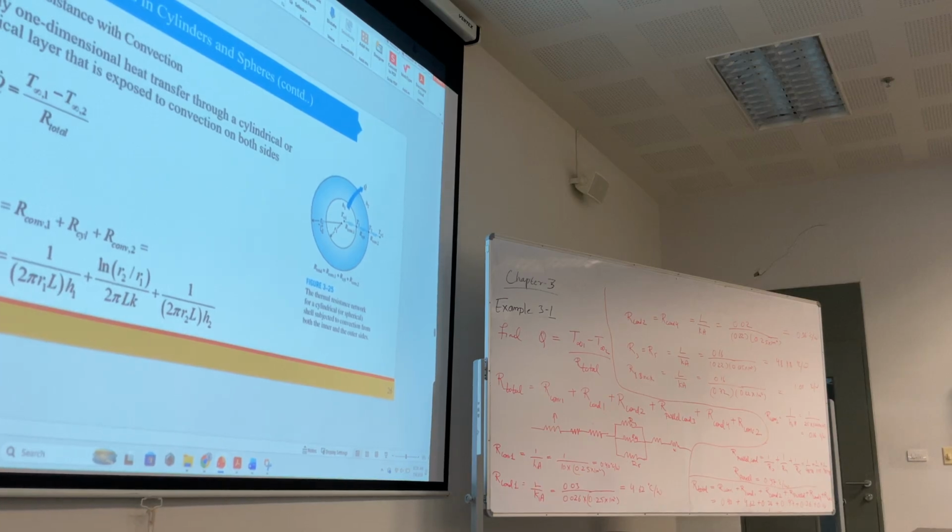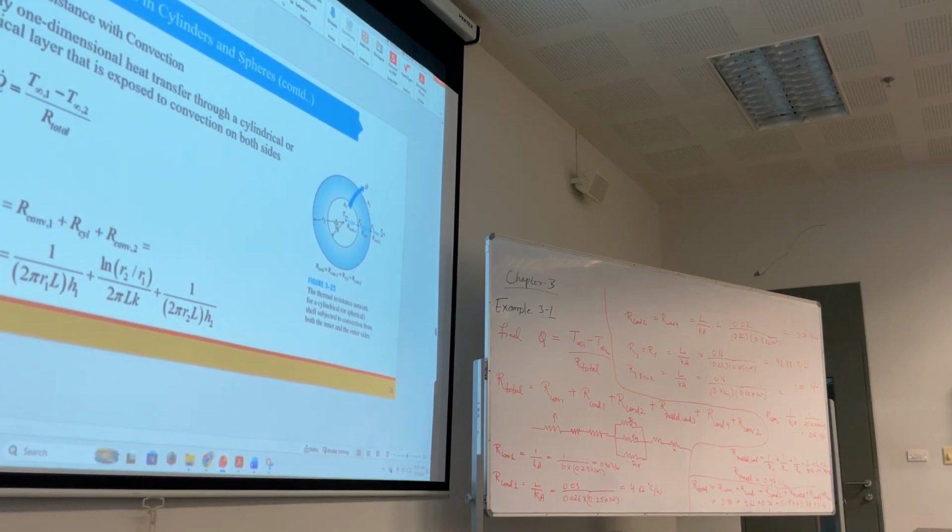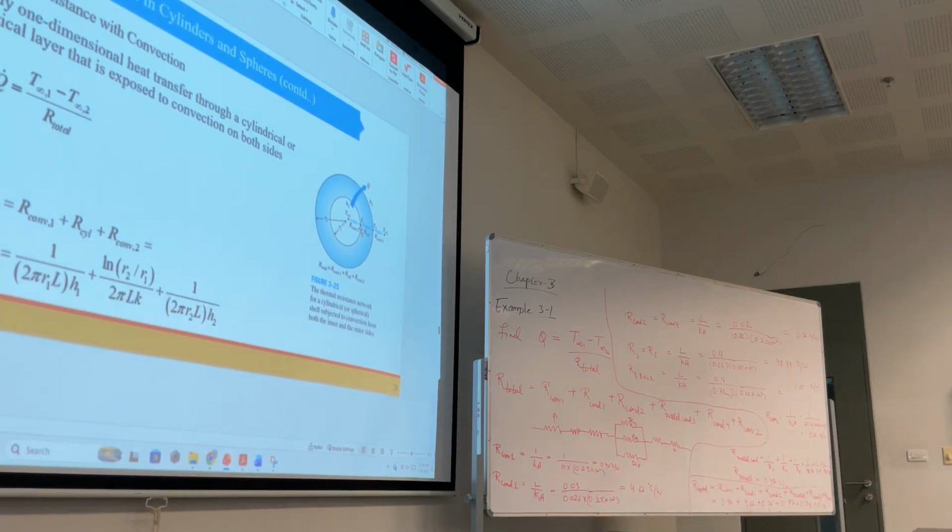And if I'm asking you to calculate the heat transfer from T infinity 1 to T infinity 2, and it's a cylinder, right? And inside this is, let's say, air or water, something, right? So the heat transfer from T infinity 1 to T1 will be by convection.